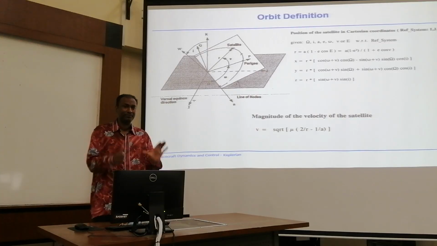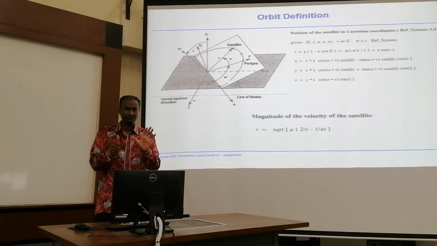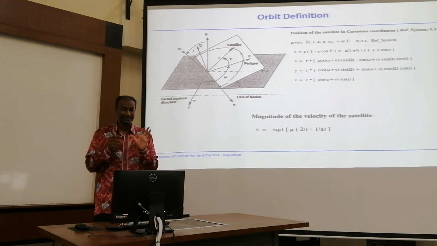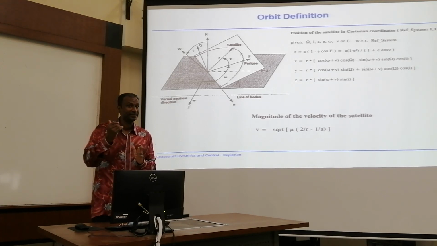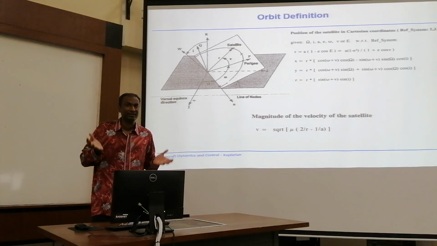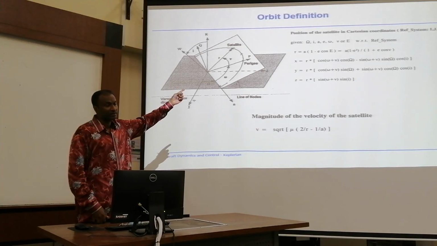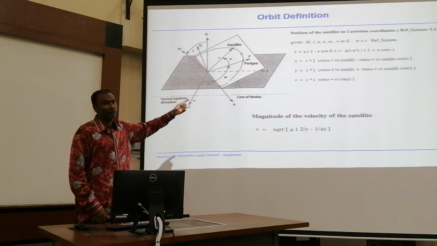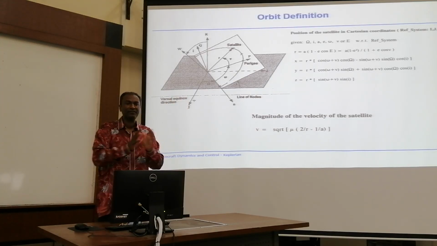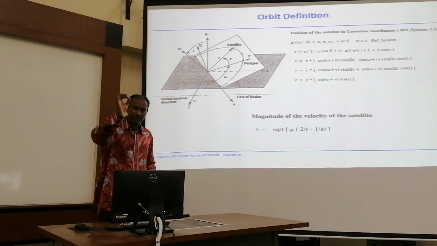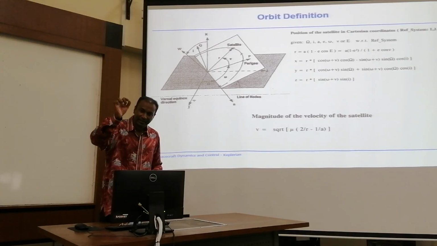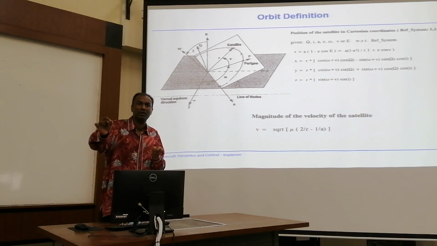Now assume I have 6 orbital elements. From the 6 orbital elements, we can define a reference called IJK. IJK is Earth-centric, that means a geocentric coordinate system. I can define my R, which is the radius, and X, Y, Z. So if you have the 6 orbital elements, you should be able to tell me exactly what radius you are at.